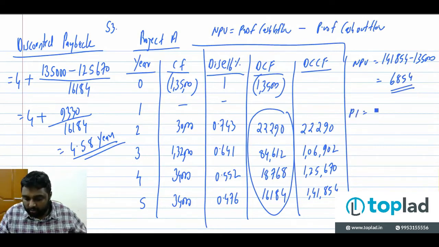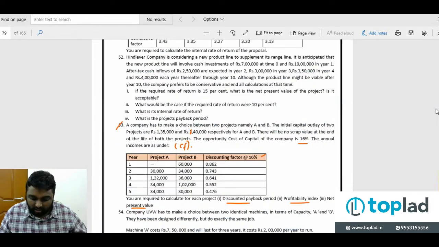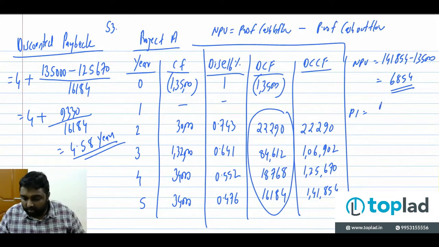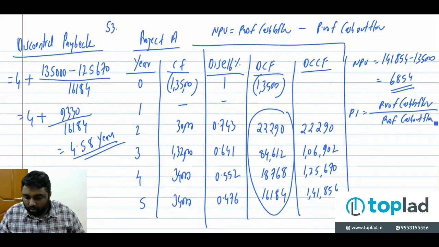We can also find out the profitability index. They were asking for the profitability index now. What is the equation for profitability index? Present value of cash inflow divided by present value of cash outflow.